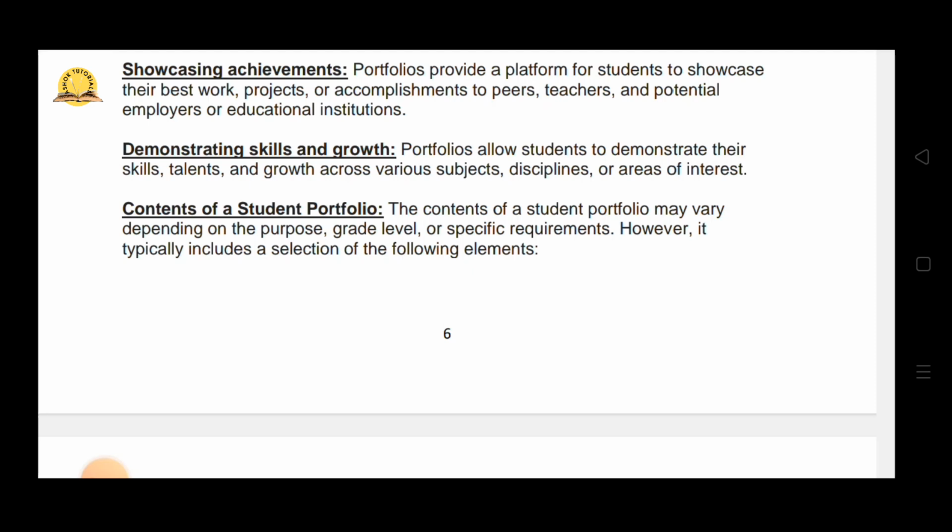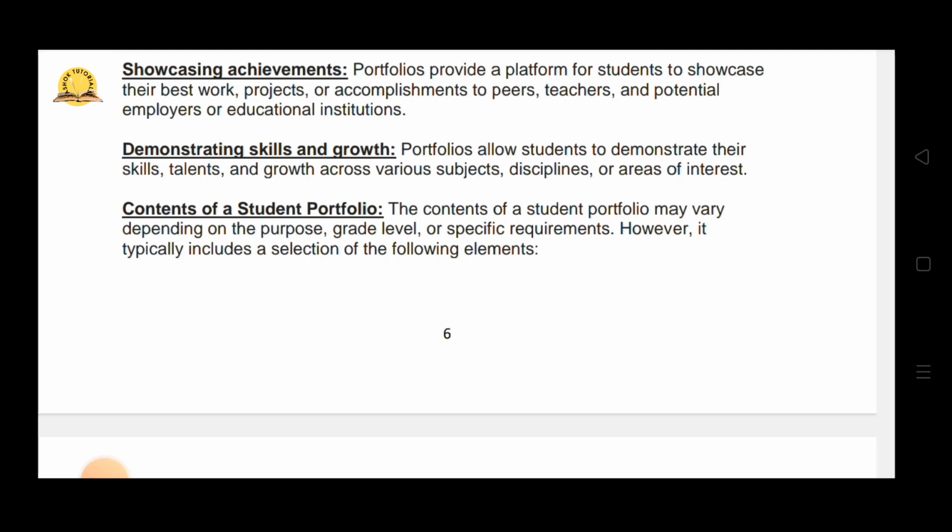All this will act as a pride for the student, because he or she can show it to the teachers, to the peers, to the parents, and to all the potential employers or educational institutions in which one is going, right?